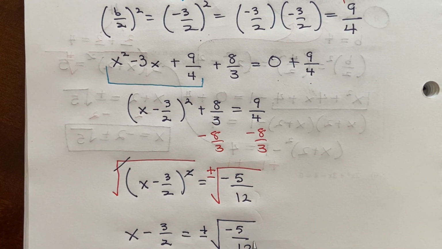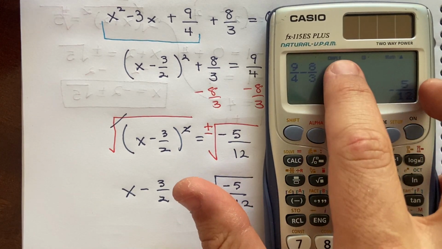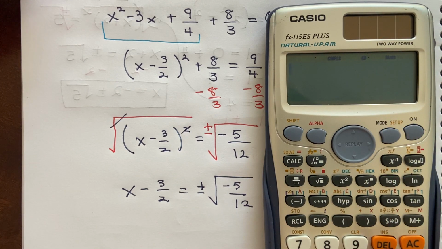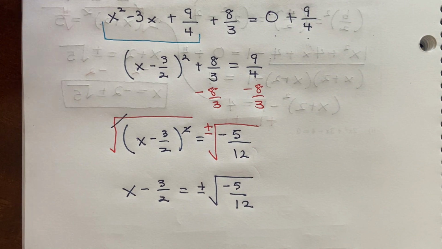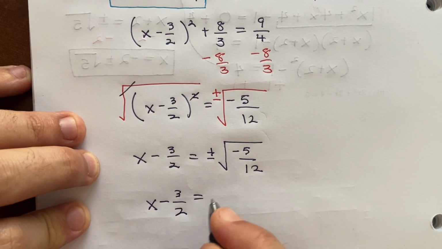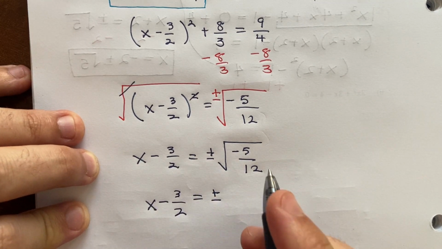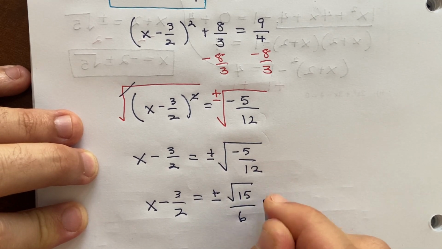So I'll go ahead and type in the square root of negative 5/12 into the calculator, making sure I have the calculator in complex mode. So the square root of negative 5/12. So that apparently is root 15 over 6i. So I would have x minus 3/2 equals plus and minus root 15 over 6i.